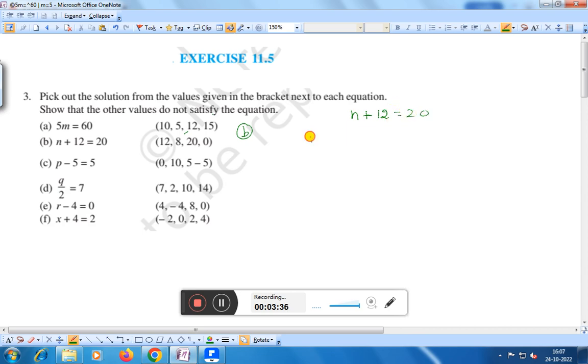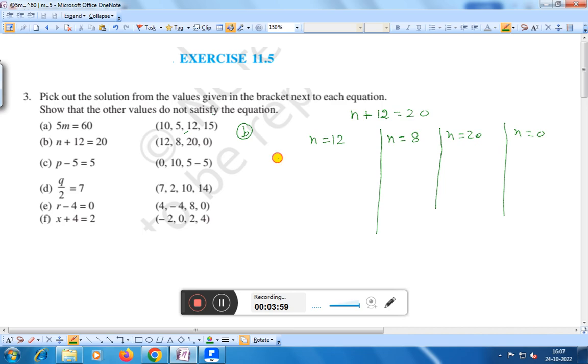First let us take n equal to 12, next n equal to 8, next n equal to 20, next n equal to 0.